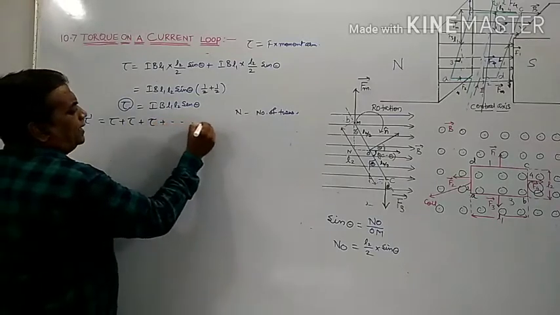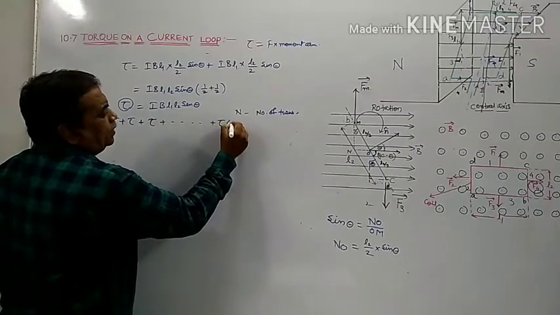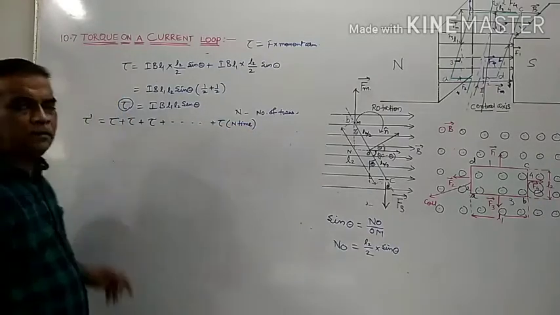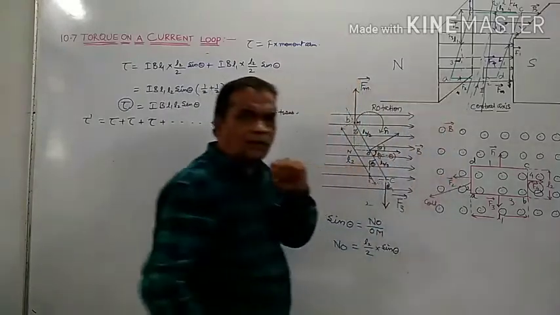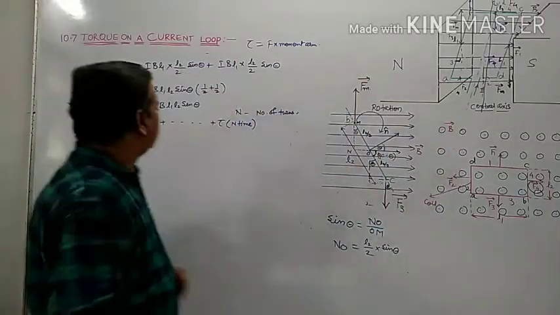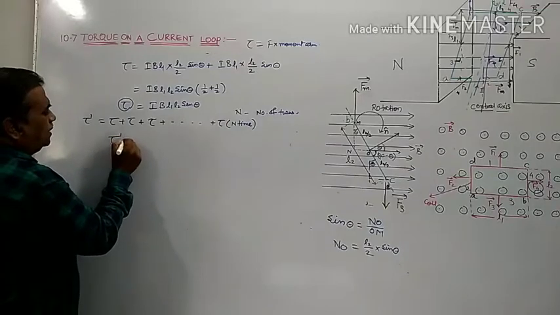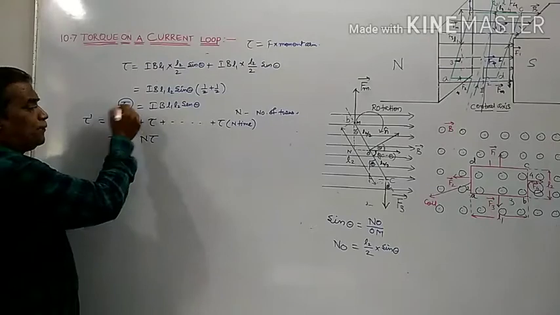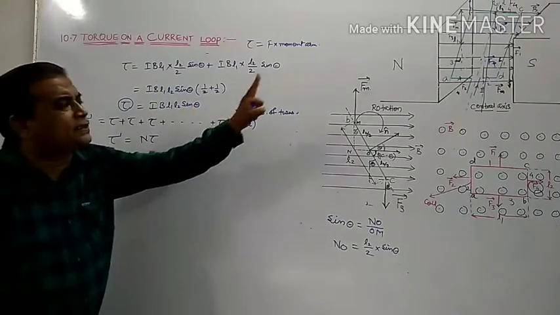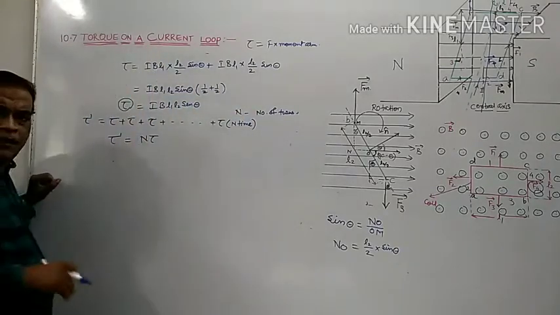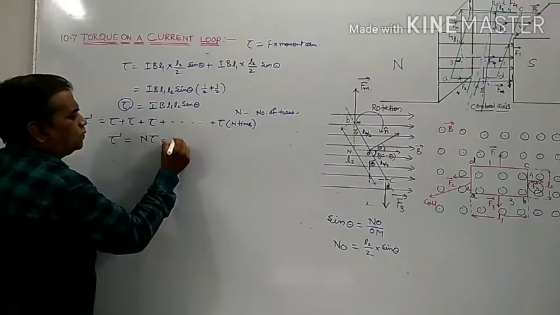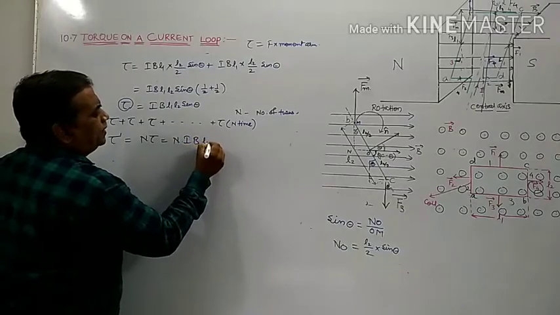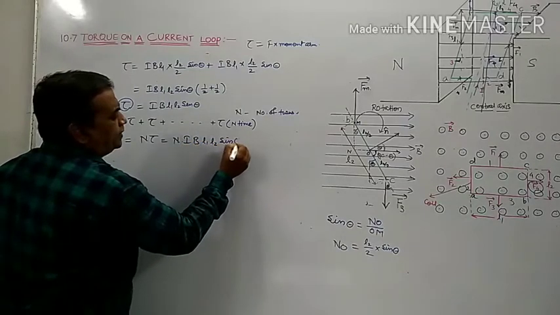In this way, if the coil has n turns, the net torque acting on a flat rectangular coil having n turns is tau dash equal to n into tau. Now in place of tau I can write I B L1 L2 into sine of theta.